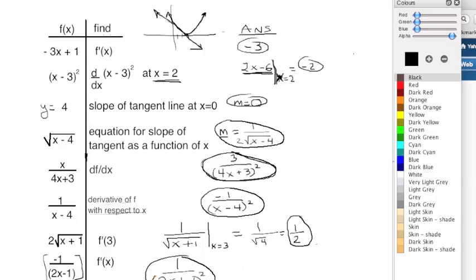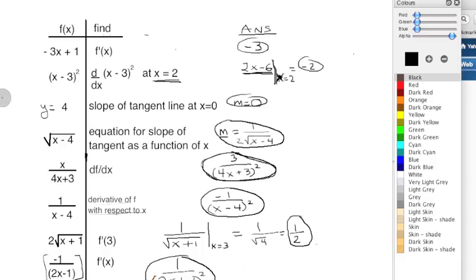The slope of the line tangent to x minus 3 squared at x equals 2 is negative 2, or d dx of x minus 3 squared at x equals 2 equals negative 2. If you made a mistake with this one, you FOILed wrong. I can pretty much guarantee that.